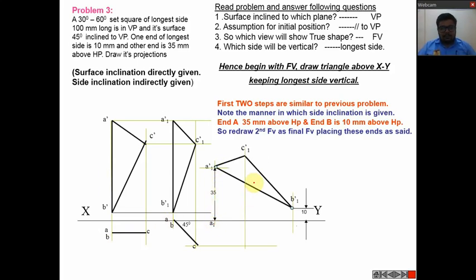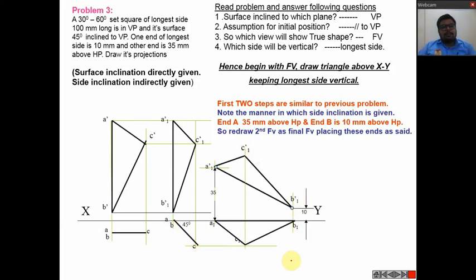Then projections of B1 dash and this one is B, so this will be B1. Next projection of C1 dash and this will be C, so C1. So these are the 3 points which we are getting, and let us join them.